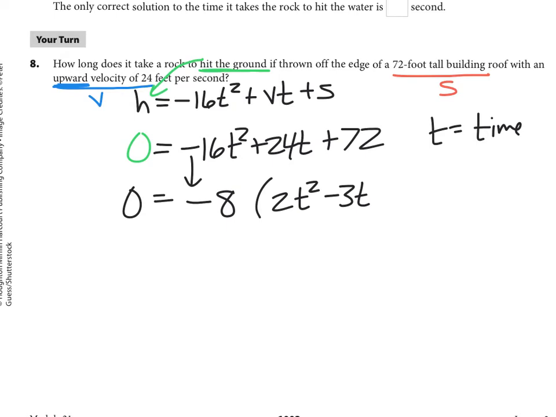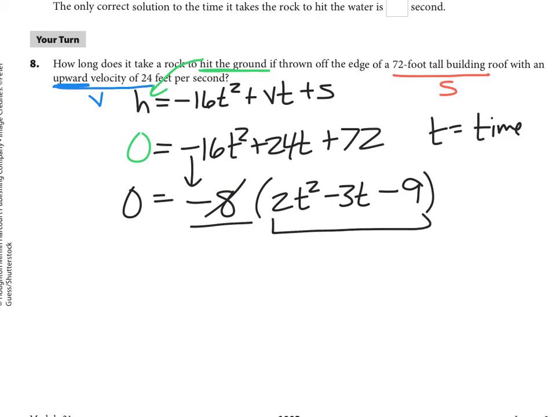And then it's going to be minus 9. Again, negative, because negative times negative here would give me the positive. Okay, so what's that negative 8 do? Nothing. There's no variable there or anything, so it cannot be a solution. So we can just ignore that.